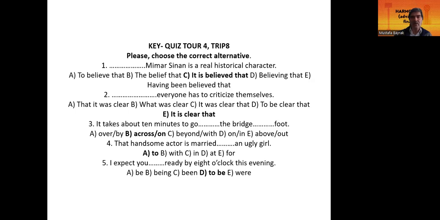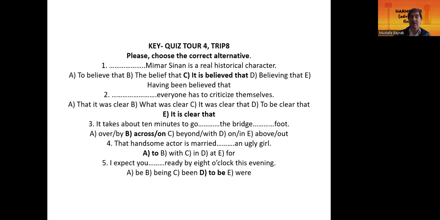It's very clear. 3, it takes about 10 minutes to go across the bridge on foot. Yeah. 4, that handsome actor is married to an ugly girl. Married to. Okay. I expect you to be ready by 8 o'clock this evening.